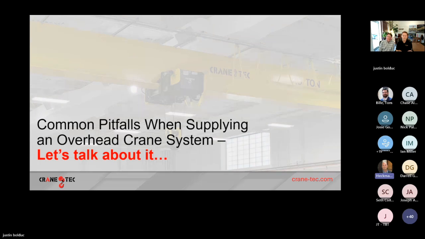But the last thing I would add in terms of common pitfalls is oftentimes the crane provider is not giving us the correct span, and they just don't know. The customer doesn't know what the span needs to be, and this is at the pre-con portion of the project.